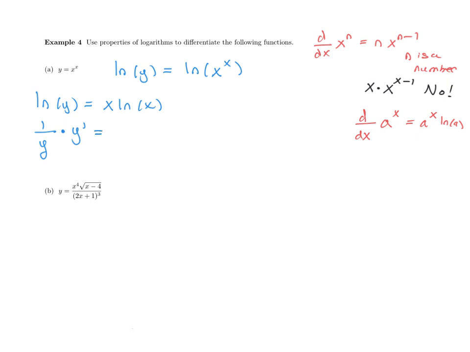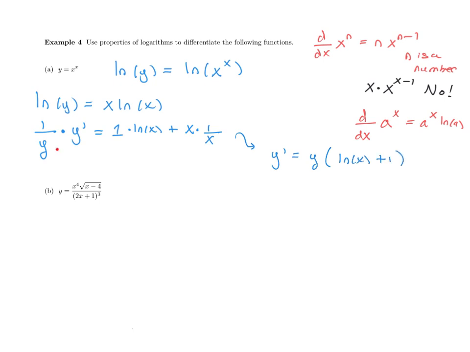On the other side, I can use the product rule, which is the derivative of the first times the second plus the first times the derivative of the second. And we're basically done. The goal was find y prime. I'm going to multiply this y to the other side of my equation, and I'll write my answer like this. y prime is equal to y times, I'll put the natural log of x plus 1.